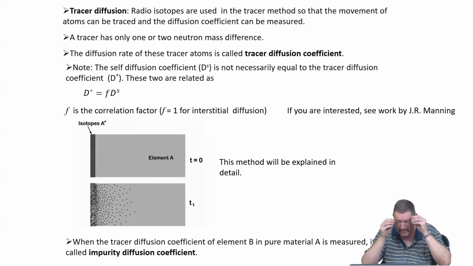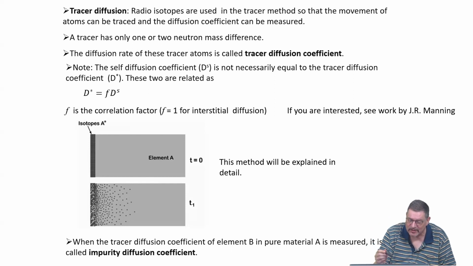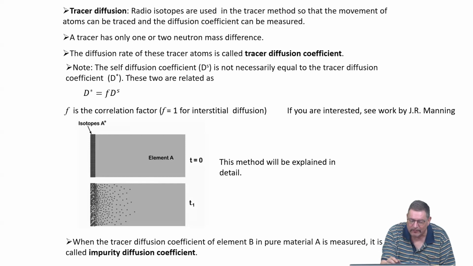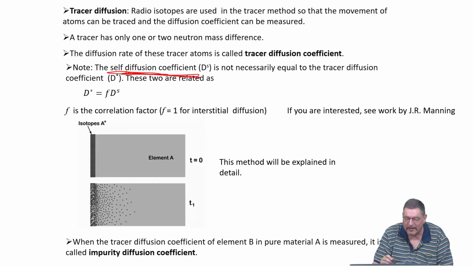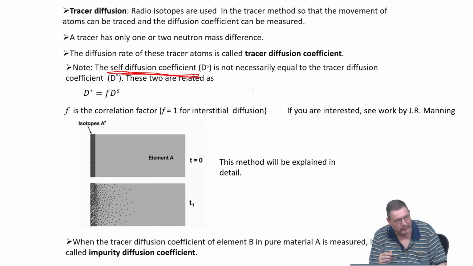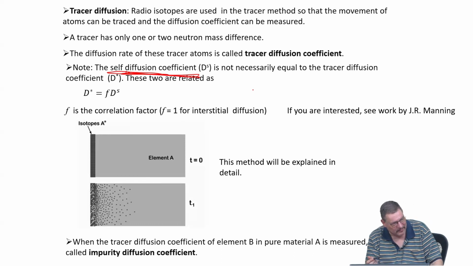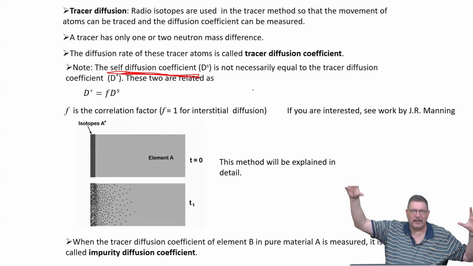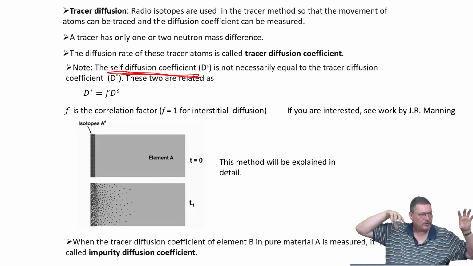Just one important point, because again, you read it, people talk a lot about self-diffusion, and then some of our data on tracer diffusion, they often say it's the same. Same if it's interstitial diffusion. The interstitial lattice is symmetric about the position where the atom starts.